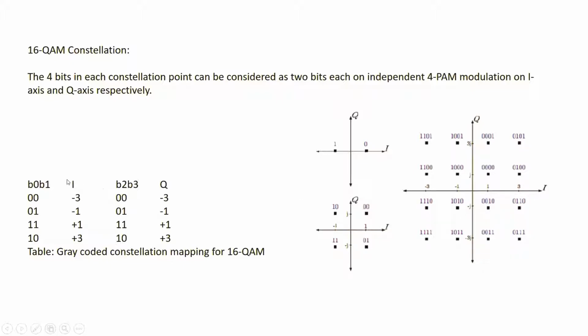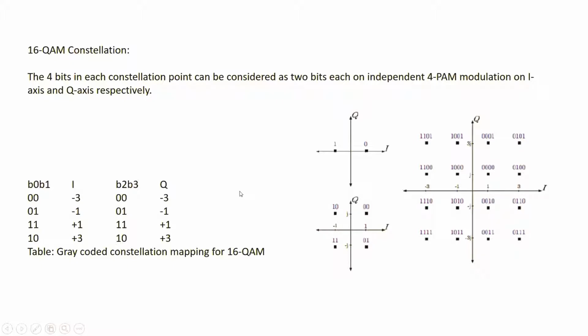So in both the I axis and Q axis, there are 4 alphabets: -3, -1, +1, +3. These represent 2 bits from 00 to 10. Each of the I component and Q component represents 2 bits, which supports overall 16 symbols.